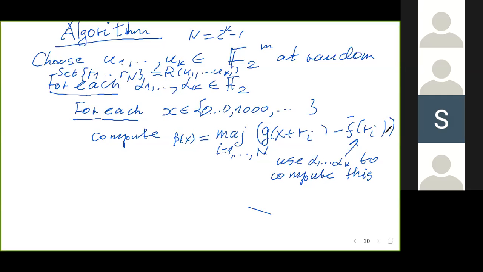Otherwise, we obtain here some meaningless value.